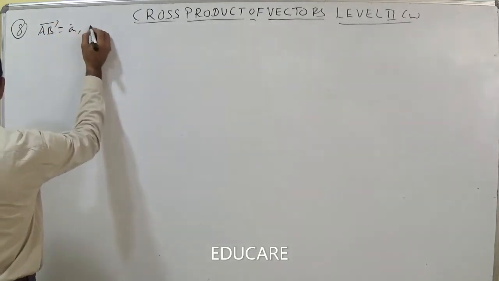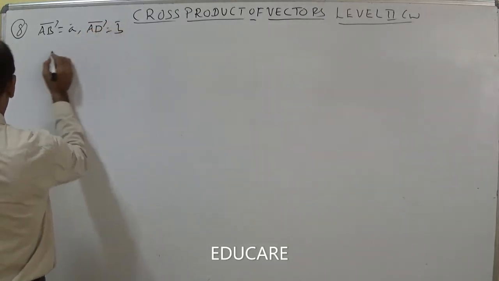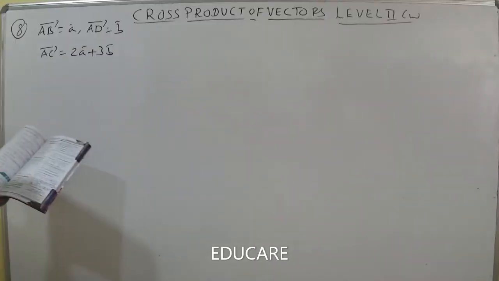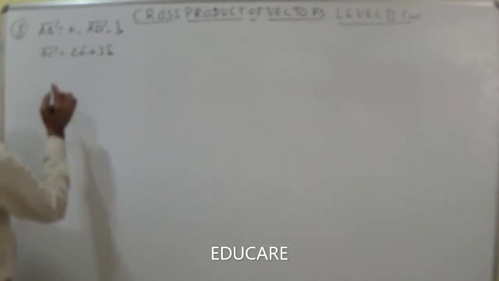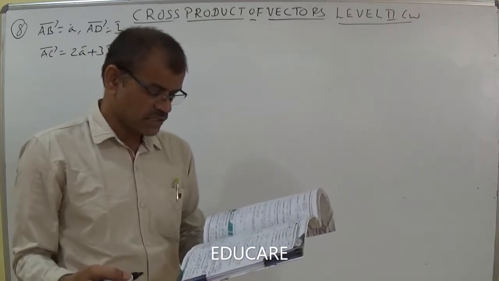First let us write the data. AB is equal to A bar. Next, AD is equal to B bar. Next one, AC is equal to 2A bar plus 3B bar. If the area of parallelogram ABCD is P times the area of parallelogram with AB, AD as adjacent sides.